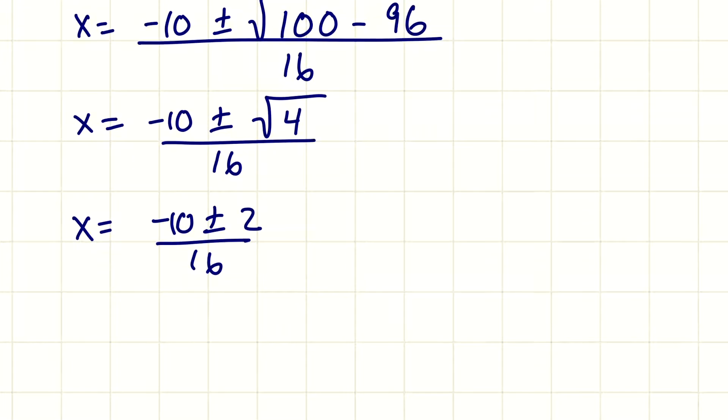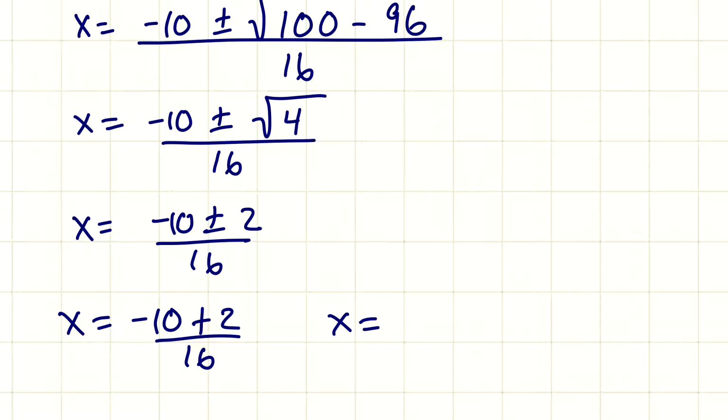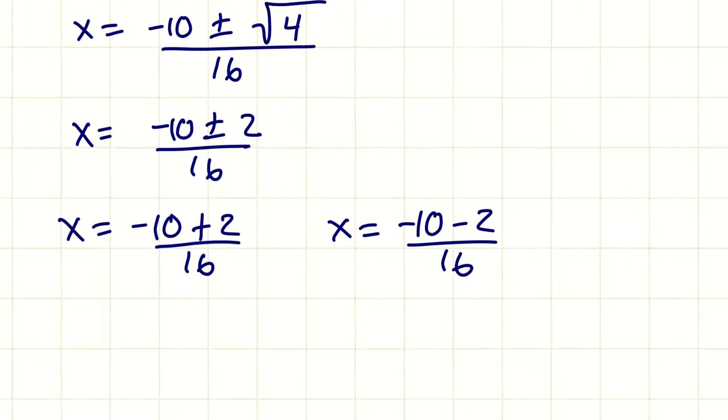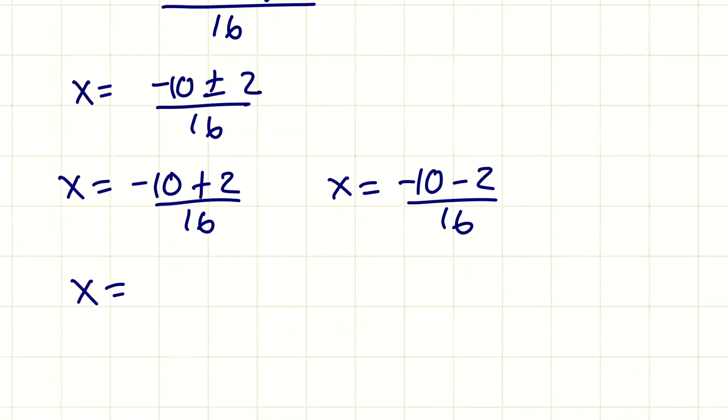We're going to get two answers: x equals negative 10 plus 2 over 16, and x equals negative 10 minus 2 over 16. So that leaves us with negative 8 over 16, and x equals negative 12 over 16.